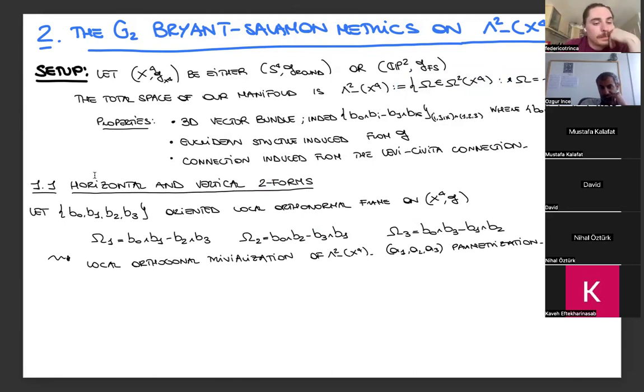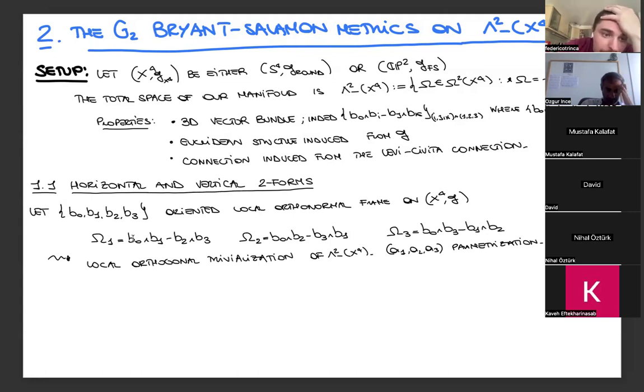So once again, we take a local oriented orthonormal frame on X4, and from it we can construct the anti-self-dual two forms, omega 1, omega 2, and omega 3.